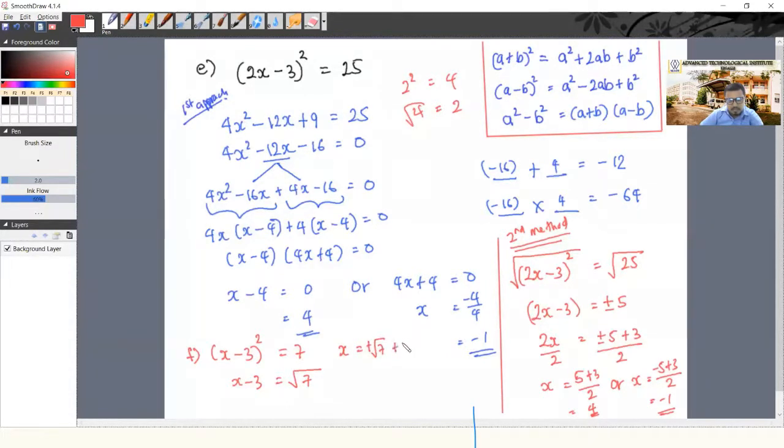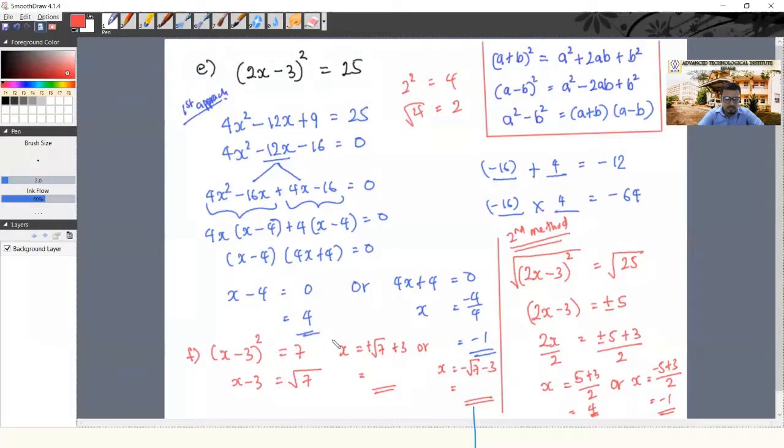x equals the square root of 7 plus 3, or x can be equal to the other one. After the square root it can be plus or minus, so both options we need to consider.